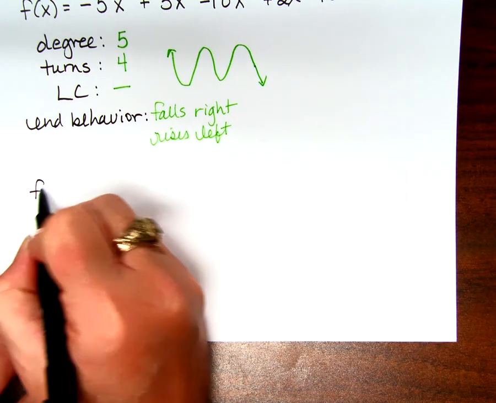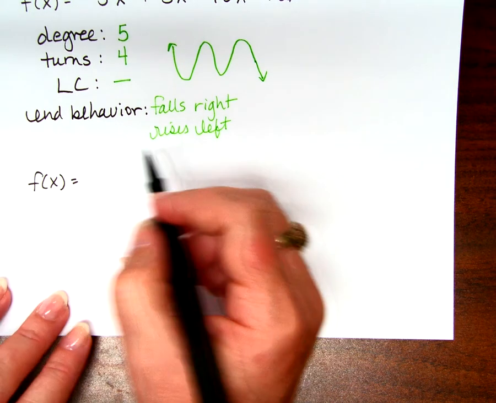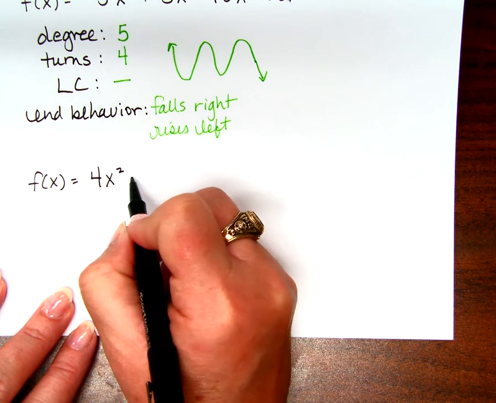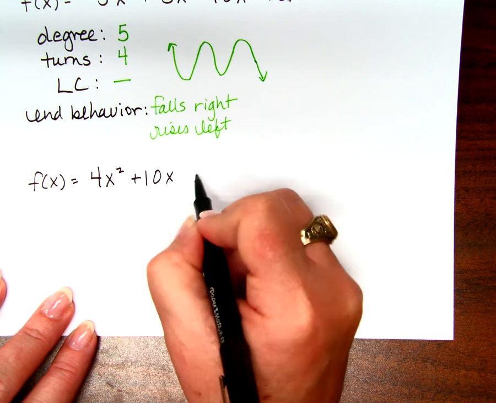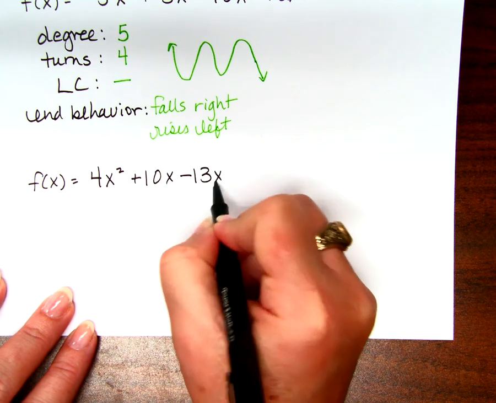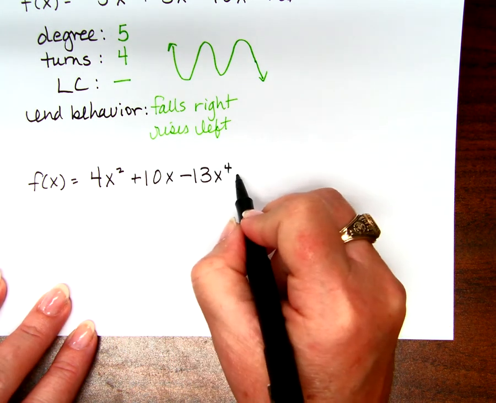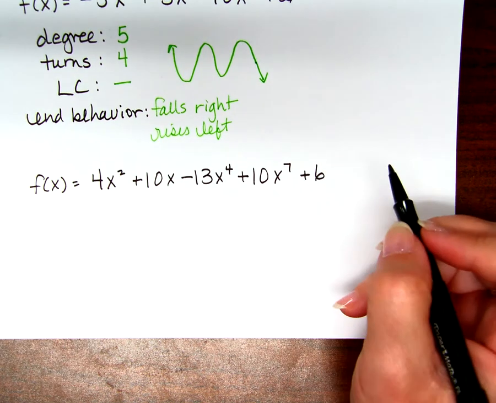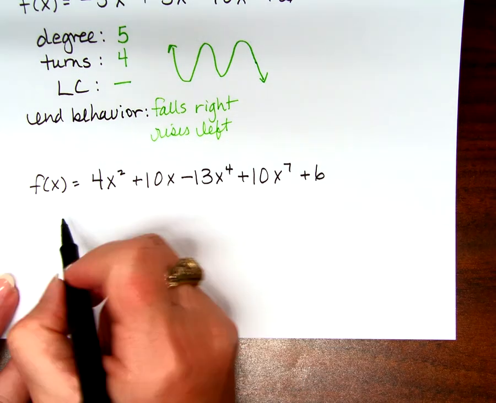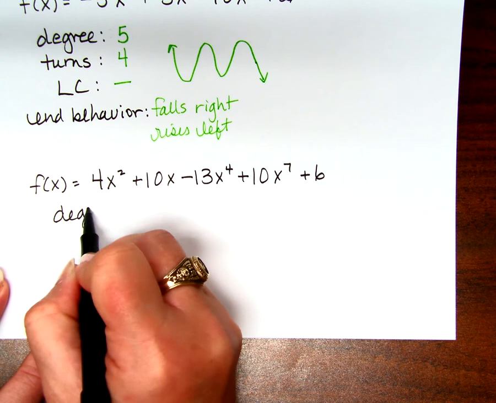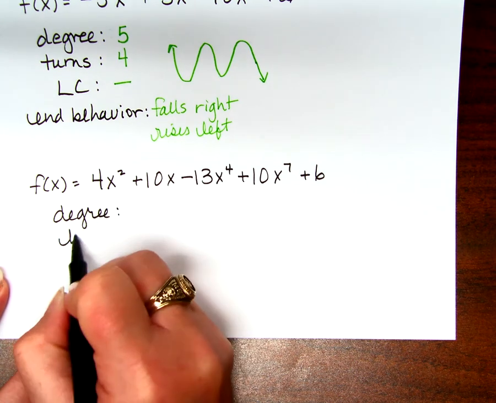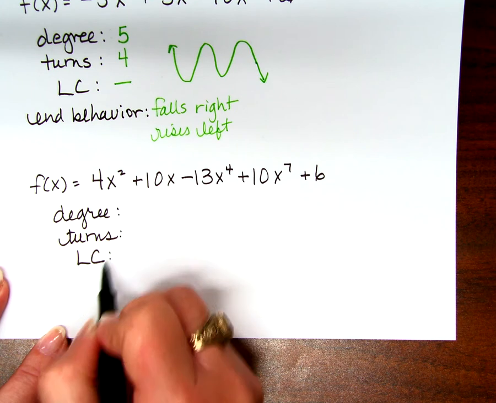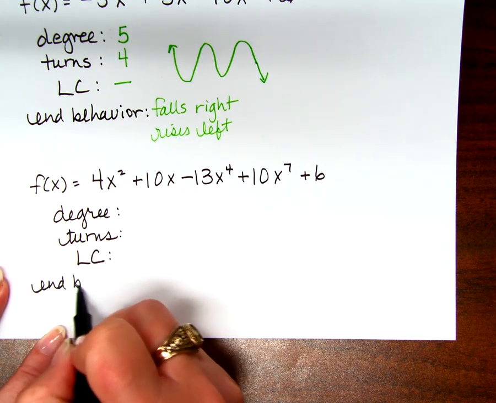F of x equals 4x squared plus 10x minus 13x to the 4th plus 10x to the 7th plus 6. Degree, turns, leading coefficient, and behavior.